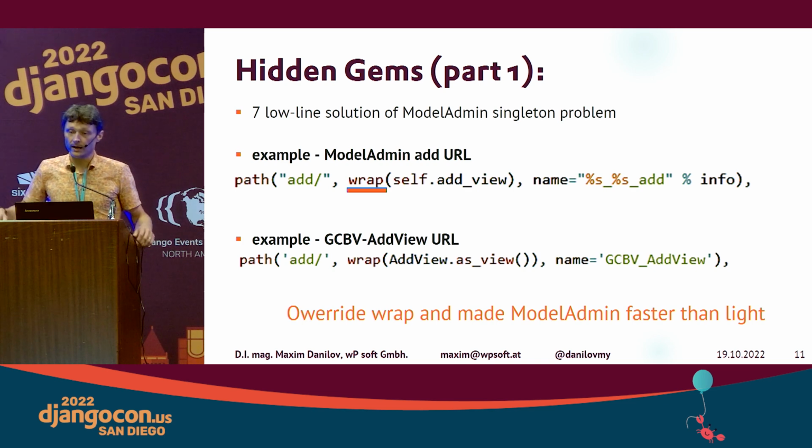I told how in 7 lines we can avoid this problem, and after that we can cache results of method calls and improve the speed of our admin site. We can achieve more than 170% faster than before. Yes, we can make model admin faster than light.